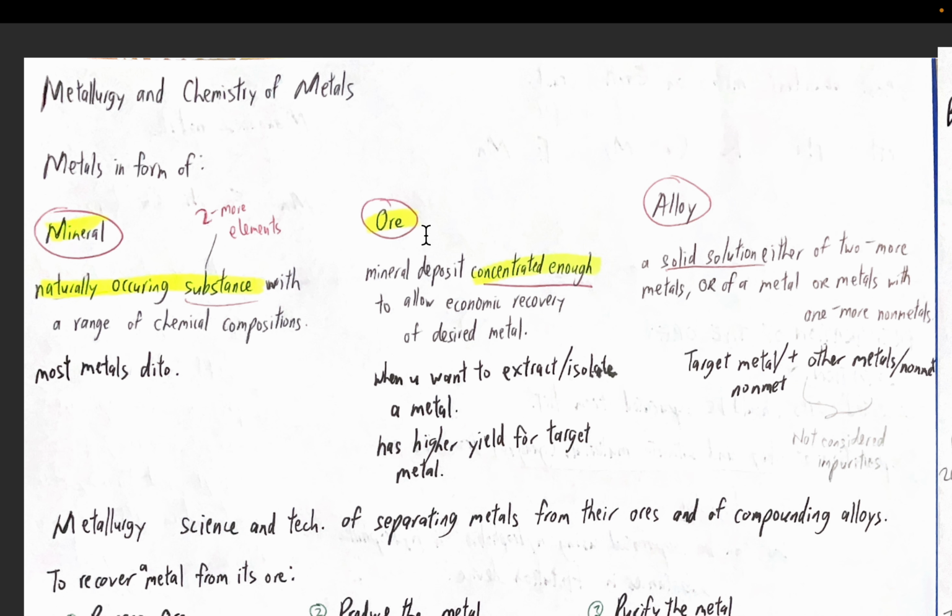For an ore, it is described as a mineral deposit that is concentrated enough to allow economic recovery of desired metal. So this is what you usually select when you want to extract or isolate a metal, because it has a higher yield for a target metal.